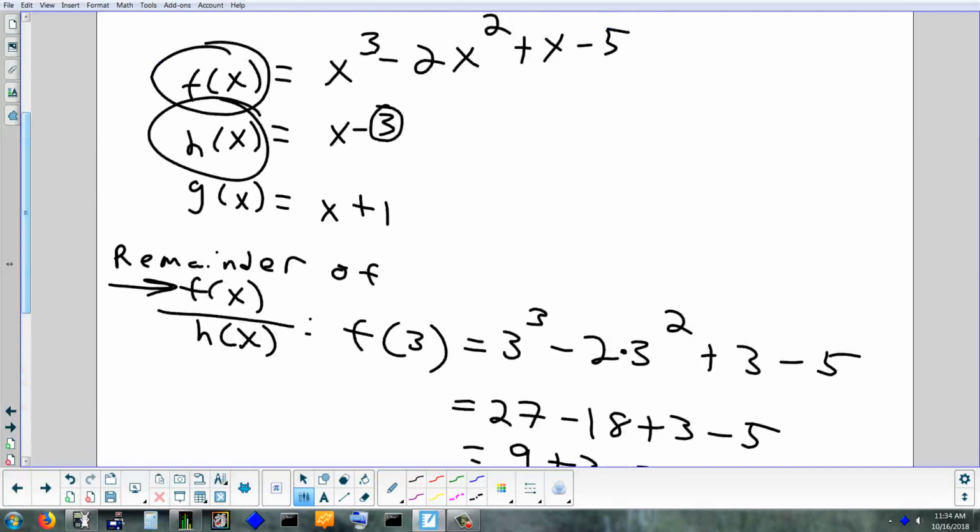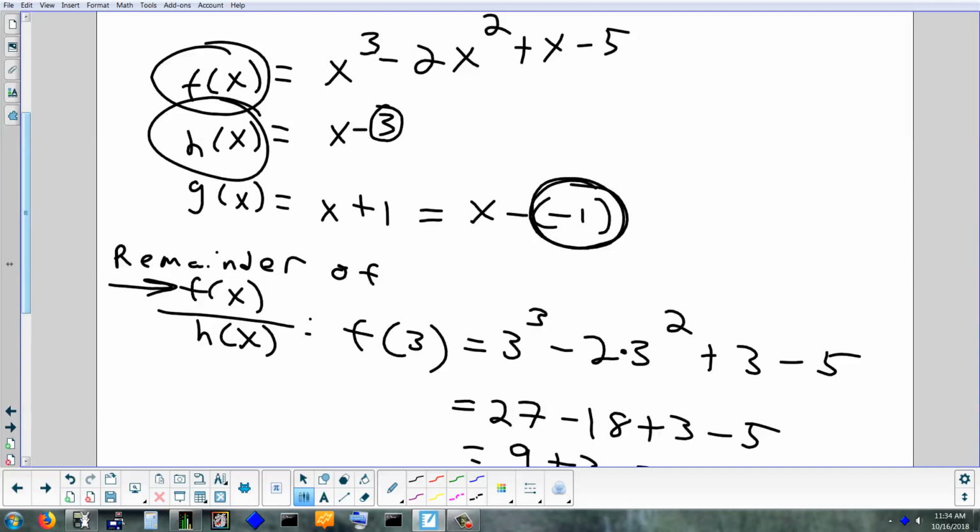Does g of x say x minus a number? No, it doesn't say it, but we could think of it that way. How can you think of it as x minus a number? Right, x minus negative 1. And now that's the number after the minus sign. So the answer is yes, you can do it with x plus a number.